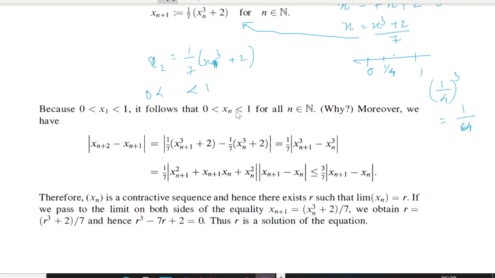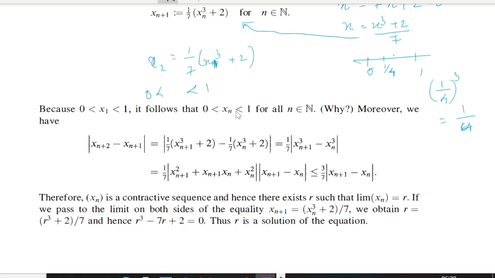Now we have |x_{n+2} − x_{n+1}|. That is equal to, just substitute the values. x_{n+2} means 1 by 7 into (x_{n+1}³ + 2) minus x_{n+1}.